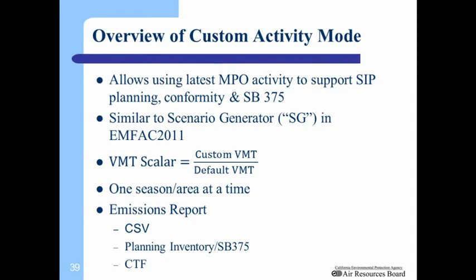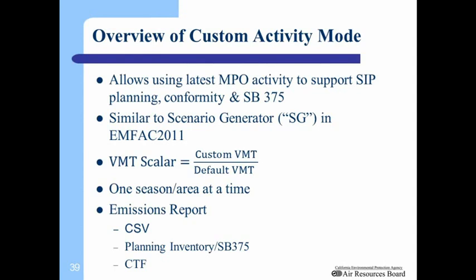What is the primary difference in how VMT was generated between these two modes, MPO activity versus socioeconometric adjusted VMT? Basically we have three different modes here: the default activity mode, the custom activity with SB375, and the custom activity without SB375, which is part of the planning inventory or the SG type of analysis. The custom activity without SB375 and the default activity mode have slightly different VMT basically because of the scaling method.